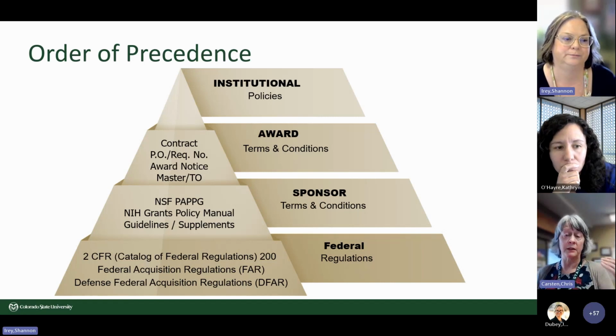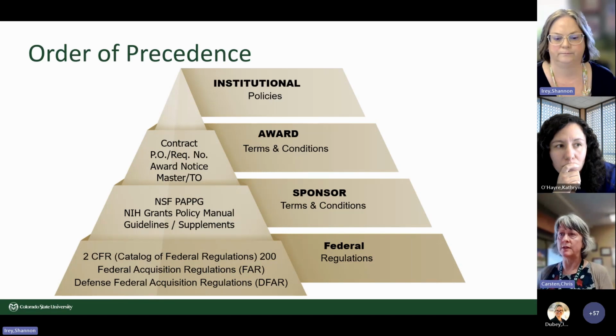The sponsor might build on that and have their own agency terms and conditions. There's a NASA-specific term that's called out in their awards. We can have links to a website for a specific agency that would tell you what applies to that award.